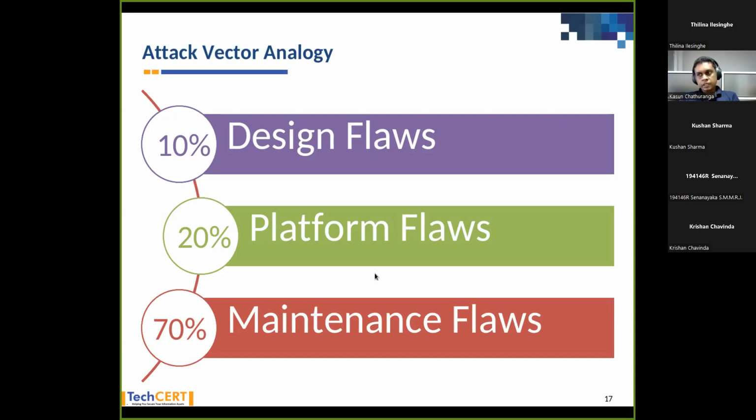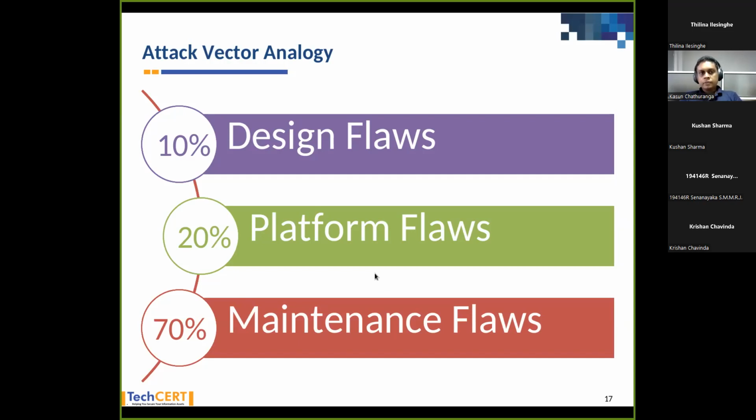The third is maintenance flaws. The platform is the hosting website platform. When we look at how these attacks are distributed, actually maintenance flaws are the main reason for websites getting compromised.